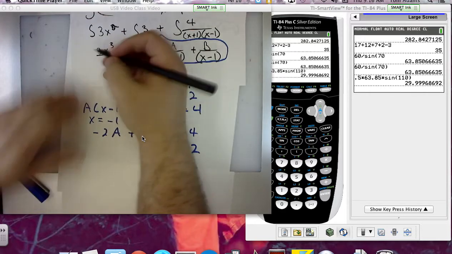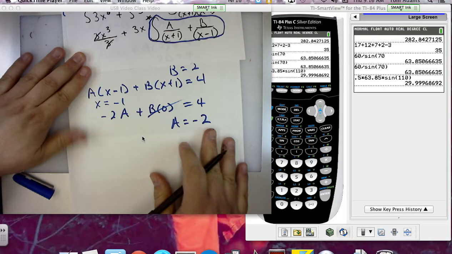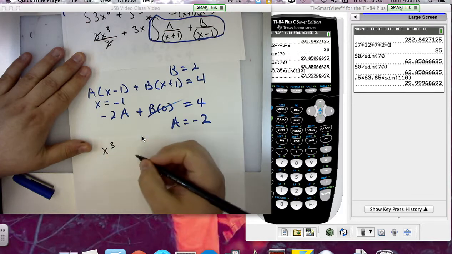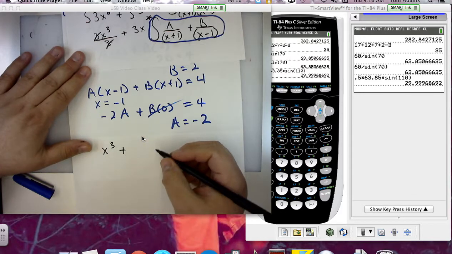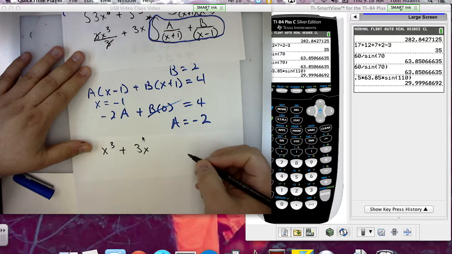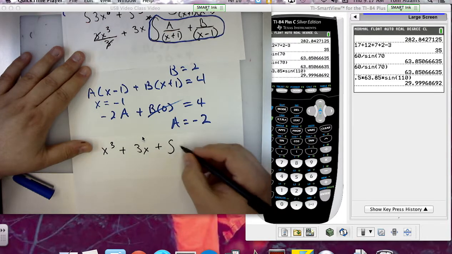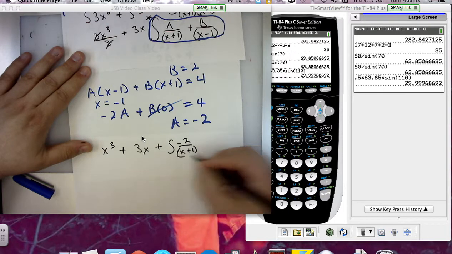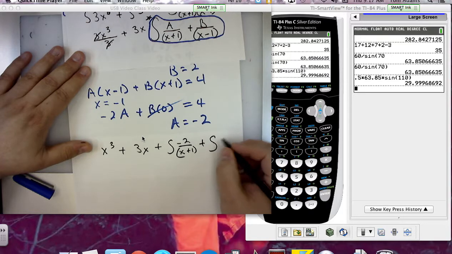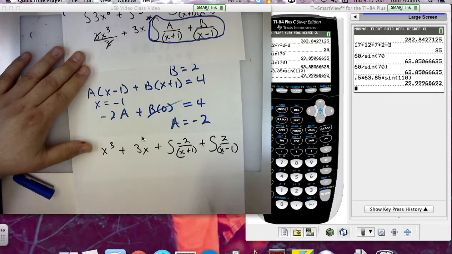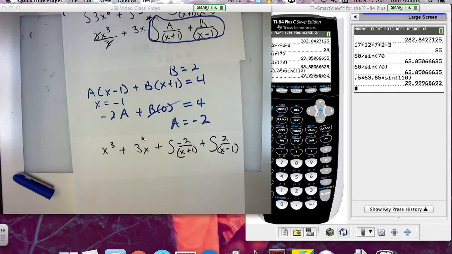So the 3's cancel here, so on my next line I've got x cubed plus 3x, right? And then I'm going to add the integral of negative 2 over x plus 1 plus the integral of positive 2 over x minus 1. Now, if I want, I can think in terms of how would I solve that?